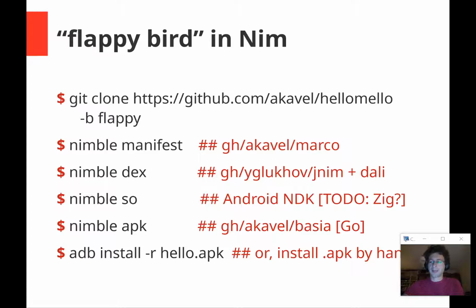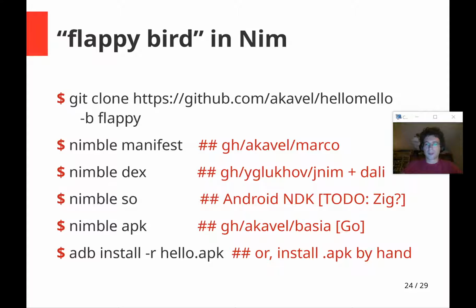So I've kind of started and would like to maybe try and migrate this tool to Nim as well. And the final command is just to install this already built APK quickly onto your device. You can also do it just by uploading the APK somewhere and downloading it, or through an SD card, whatever you prefer.